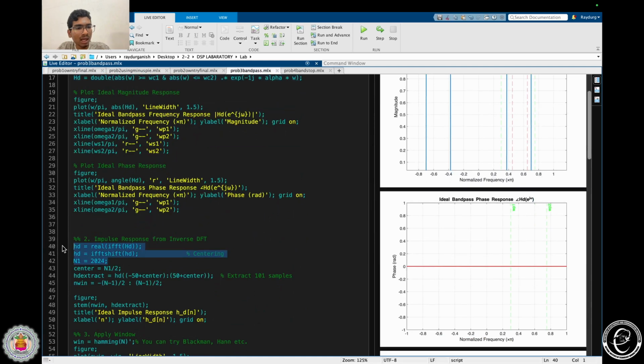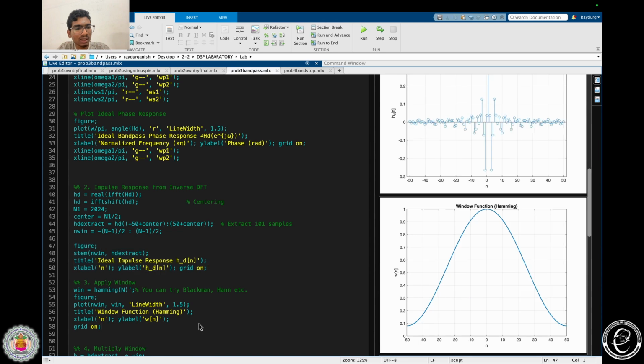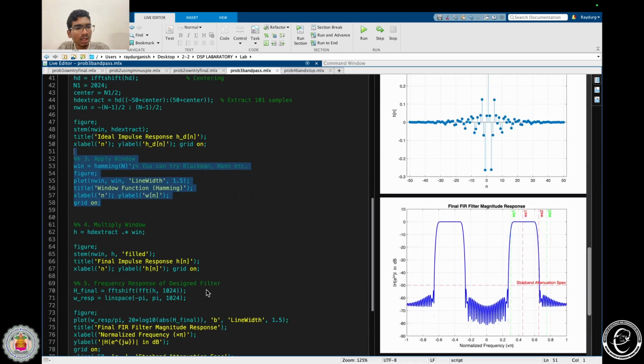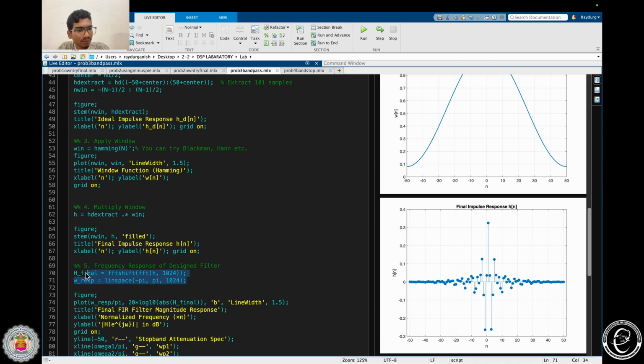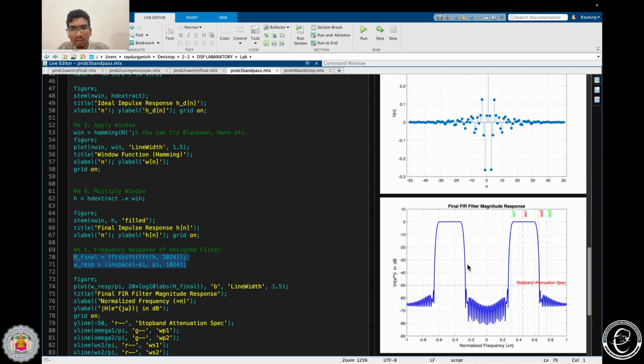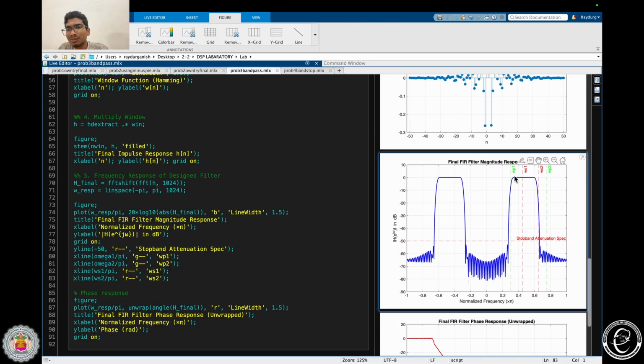And then I have used the IIFT and then extracted the corresponding samples and then constructed the window and then multiplied with the window and then used the FFT to plot the frequency response. So here you can see omega C1, which is omega P1 plus omega S1 by 2, lies in between omega P1 and omega S1.